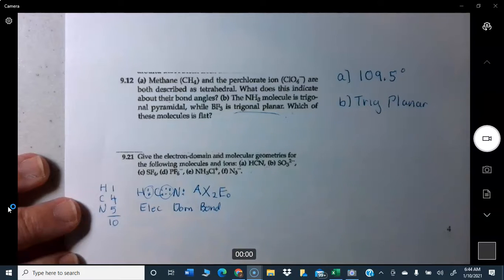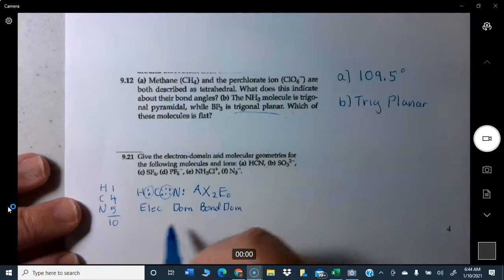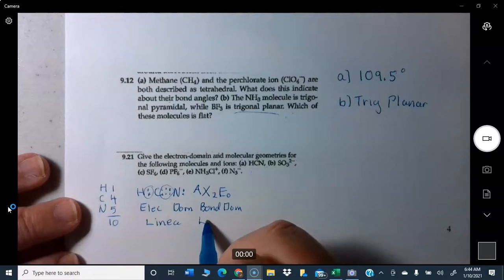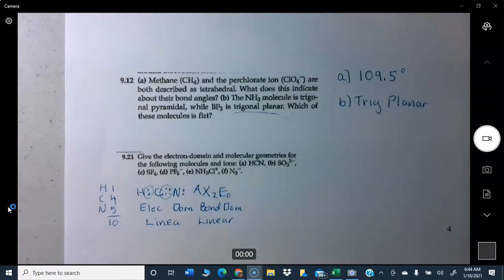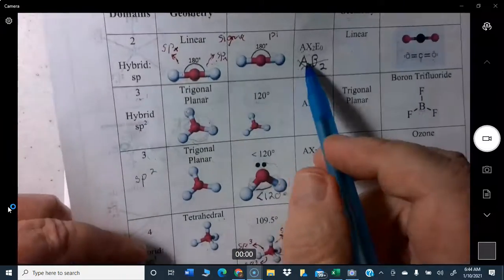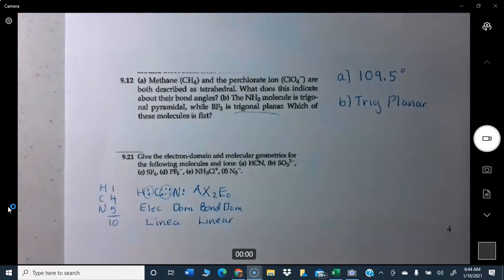There's no lone pairs. So both of them are going to be linear. Right here, AX2E0, linear and linear. When there's no lone pairs, that means the bonding domain and the electron domain are going to be the same.